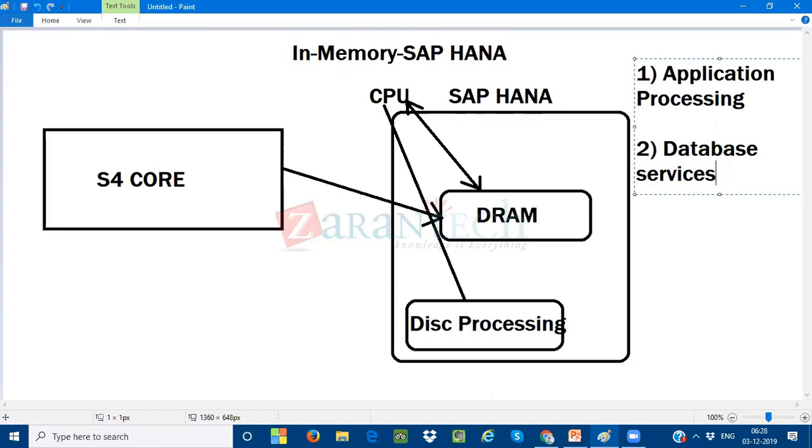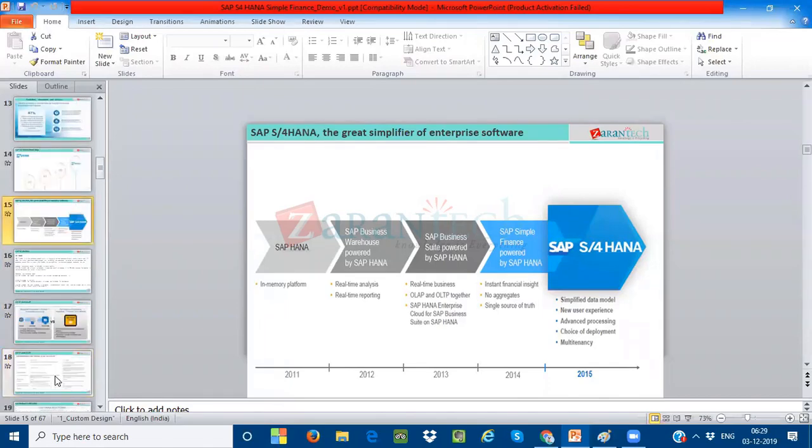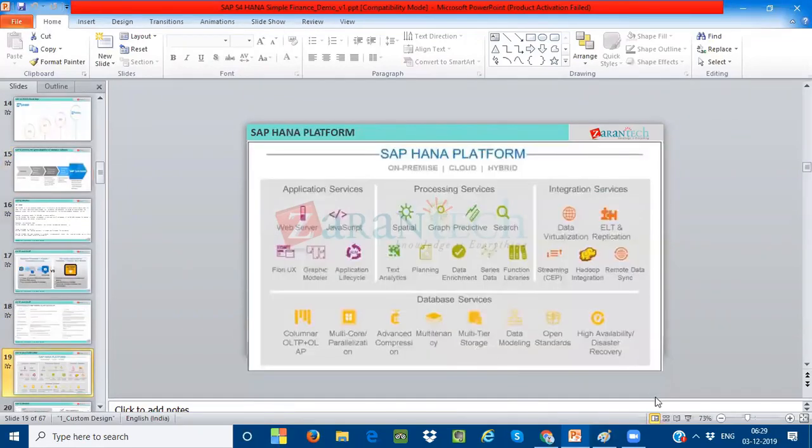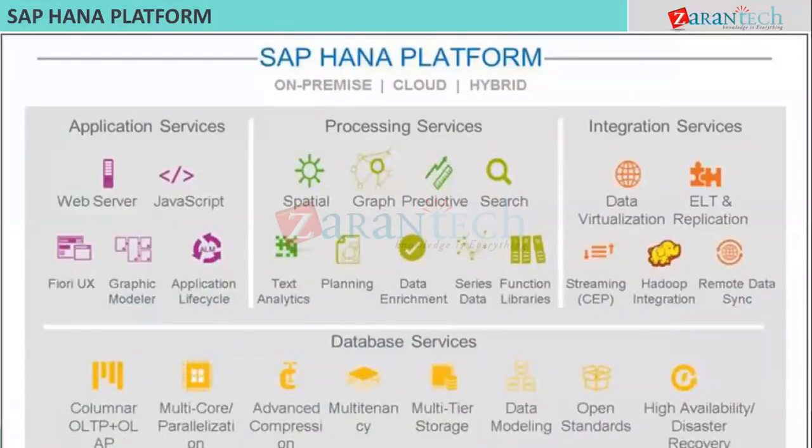So now what is happening? Earlier, I only saw the database services working. Your application processing was working only at the application level. Now I can see your DRAM is also making the application processing available. So if I bring the diagram for all of you, if you just come down here, this diagram will give you the complete understanding about the platform.